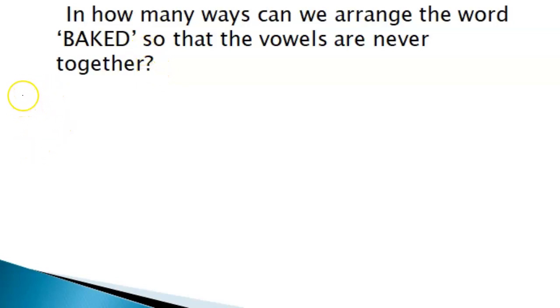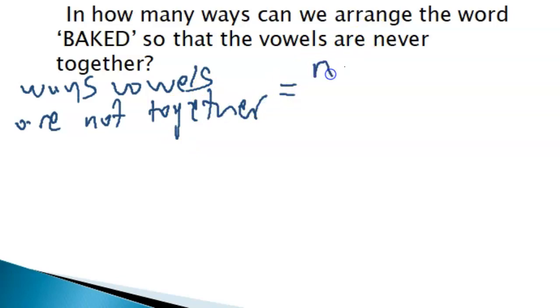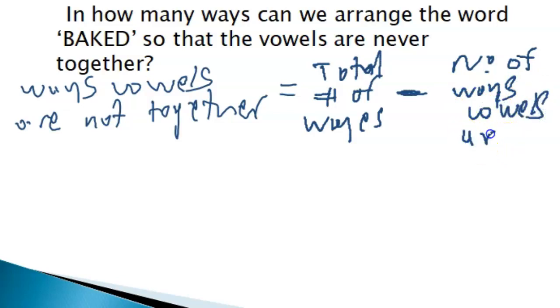All right, so if you think about the number of ways vowels are not together, what we can do is find the total number of ways of arranging the characters in the word baked, minus the number of ways where the vowels are always together. So that's the total number of ways, W-A-Y-S, right?